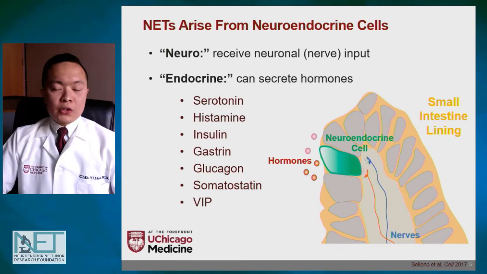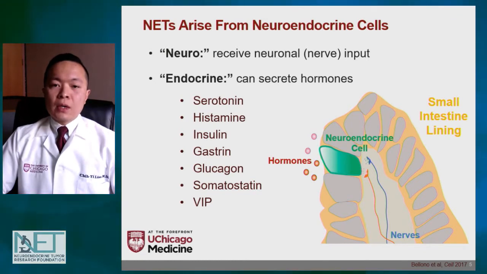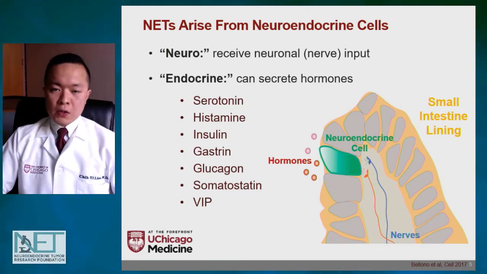Neuroendocrine tumors are tumors that can arise from neuroendocrine cells. These are cells that are found all over the body, and the name neuroendocrine refers to the fact that, for neuro, these cells can receive neuronal or nerve input, and endocrine means that these cells can secrete hormones.